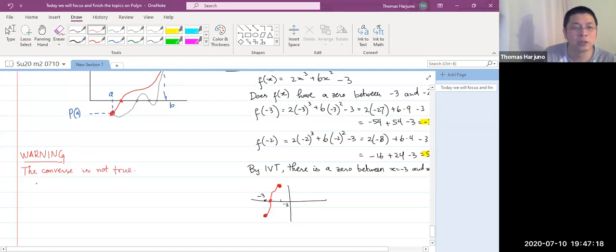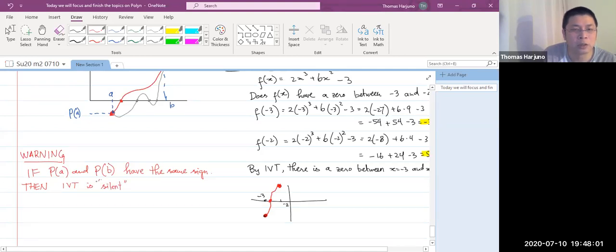Maybe let me not use the word converse. If P(a) and P(b) have the same sign, not opposite sign, then the intermediate value theorem is silent.